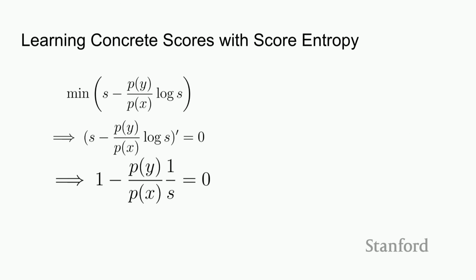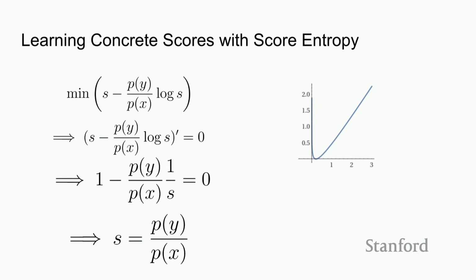Then we multiply it out, and we get that when we minimize it correctly, this S value should be equal to py over px. We can also visualize the loss function for something like a ground truth ratio of 0.2. We can clearly see that it satisfies all of our requirements. Basically, it's convex, and it will recover the true value if we just minimize this.